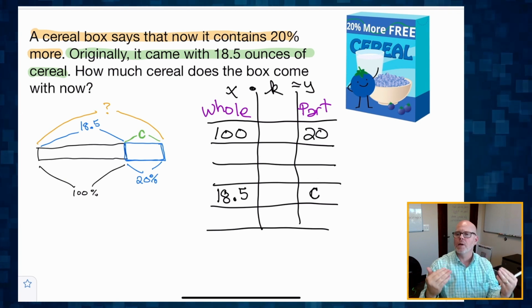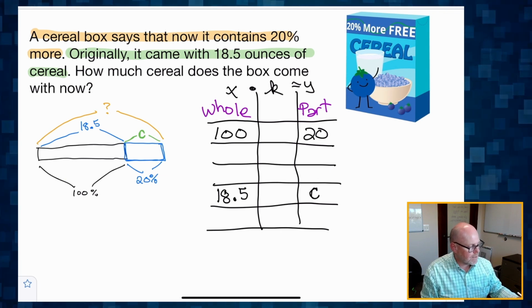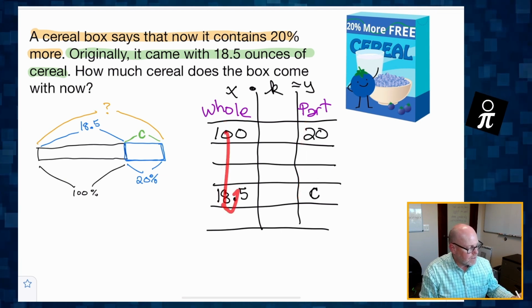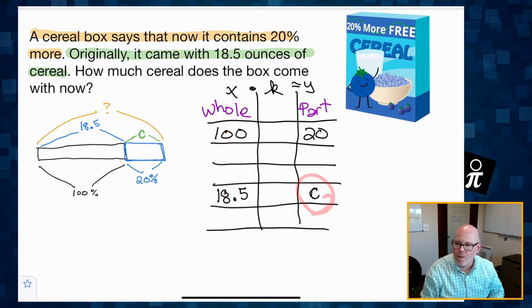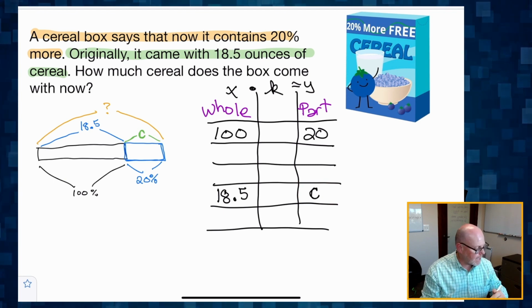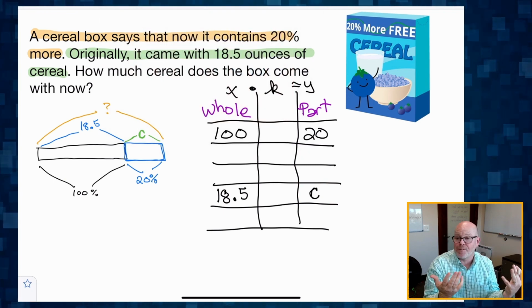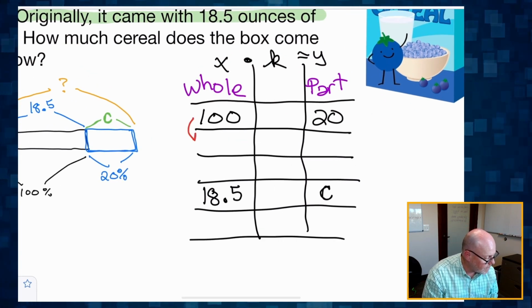All right, so now I want to do some sort of table manipulation that's going to get me to my missing value C. Vertically speaking, a nice easy way is to find a unit rate. Let's divide by 100.